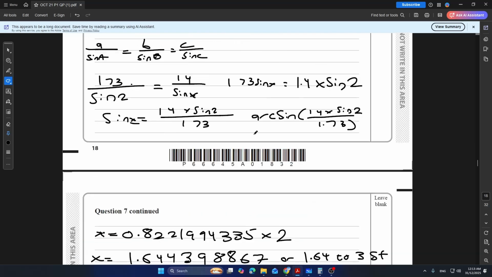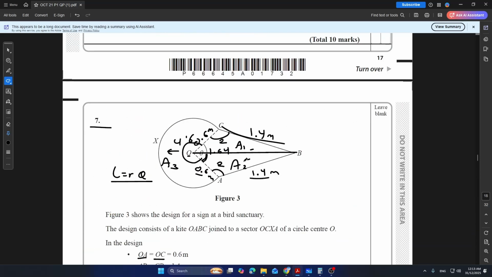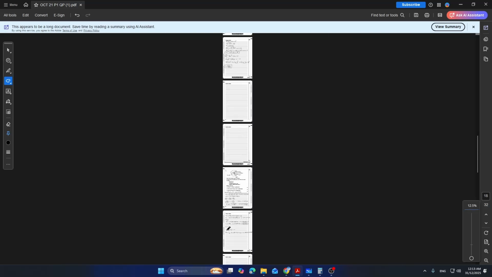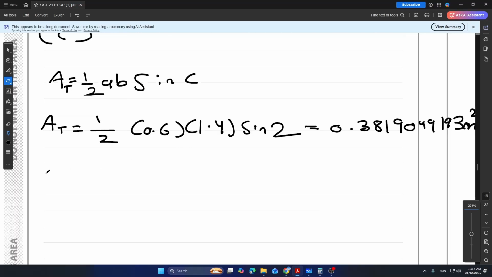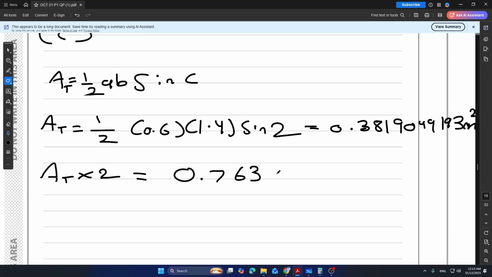We find this area and we know we have 2 of these triangles, so I'm just going to multiply the area by 2. So AT times 2, which is the answer we just got times 2, gives us 0.76380983885.